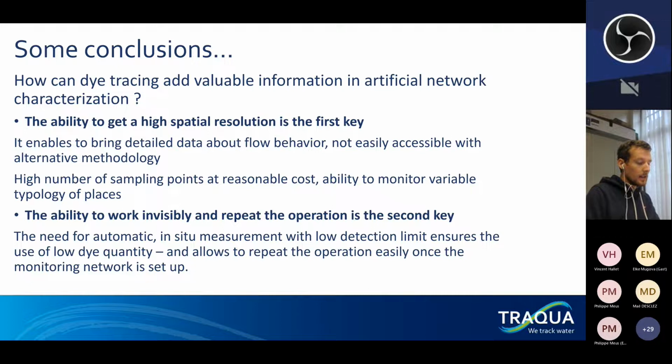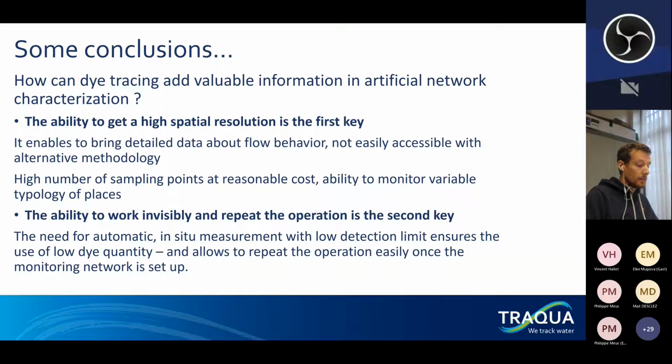So here we found that we need a high number of sampling points at a reasonable cost. So a reasonable time of implementation on the field, reasonable time for maintenance, and the ability to fit with variable sampling environments. This is the first key for us.